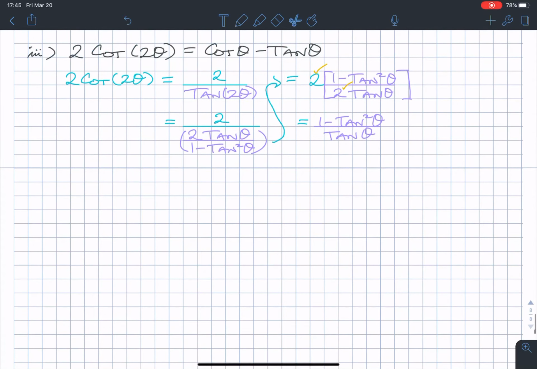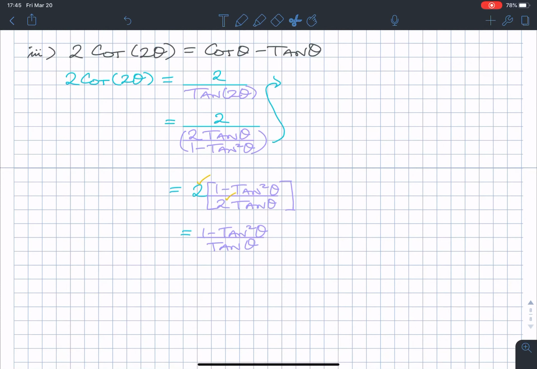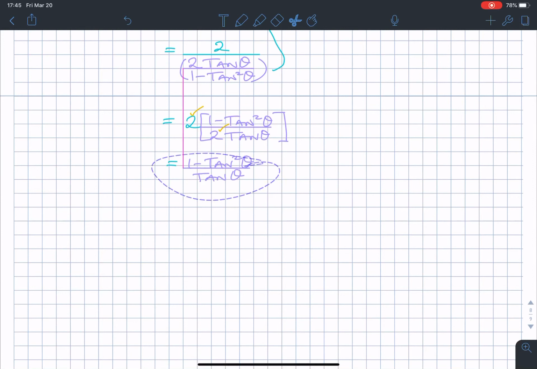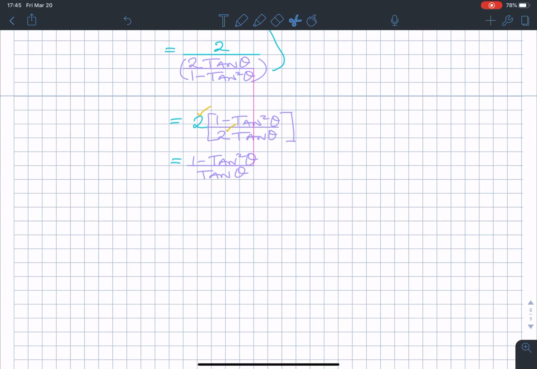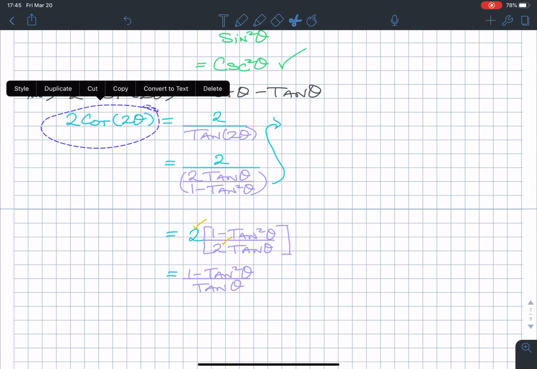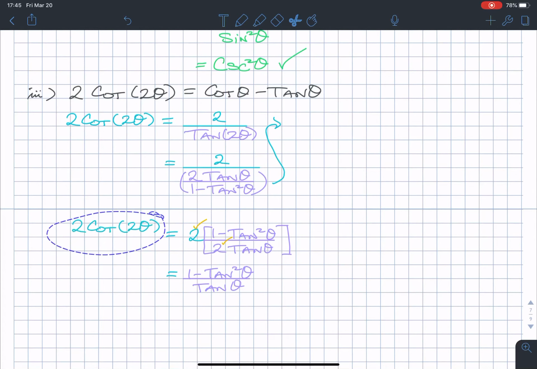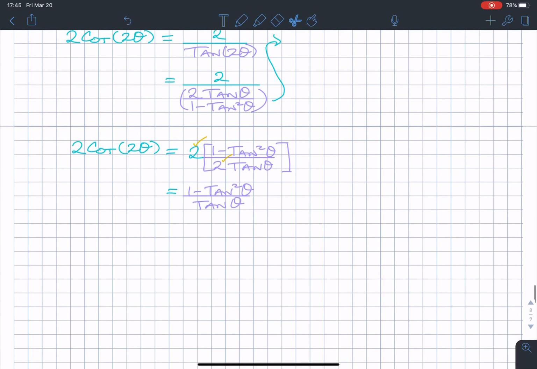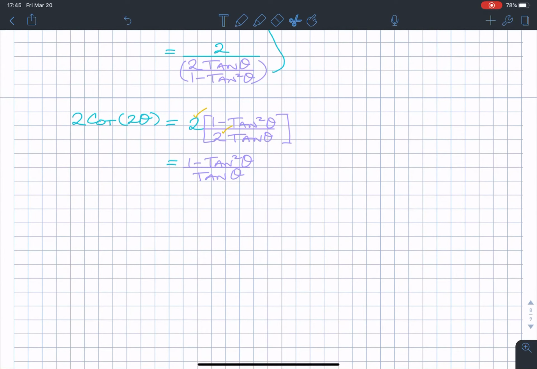Okay, so maybe I should just move this to the next page. Try and align it a bit better. Still doesn't look like it's aligned very well.